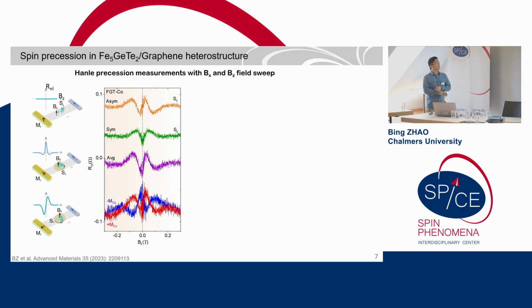Further, we want to detect what the moments look like in the FGT. So here we use the Hanle precession method.